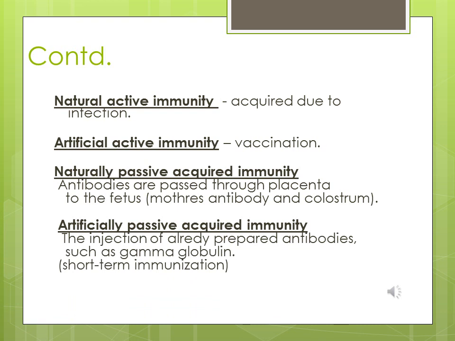Now I would like to discuss each and every type of the acquired immune system in a quite detailed manner. Firstly, I would like to start with the naturally acquired active immunity. It occurs when the person is exposed to a live pathogen, develops disease, and becomes immune as a result of the primary immune response. Once a microbe penetrates the host body's skin through mucous membrane or other primary defenses, it interacts with the immune system.